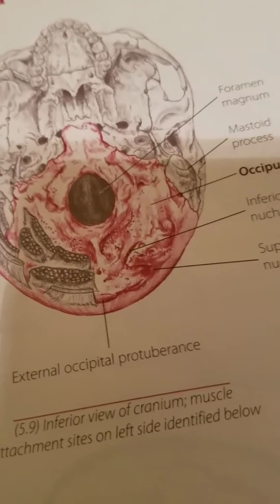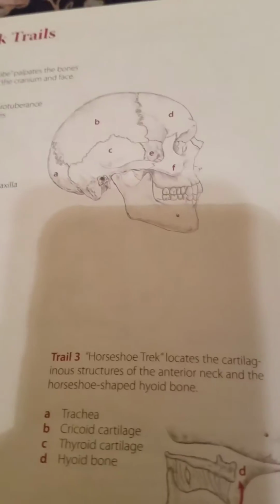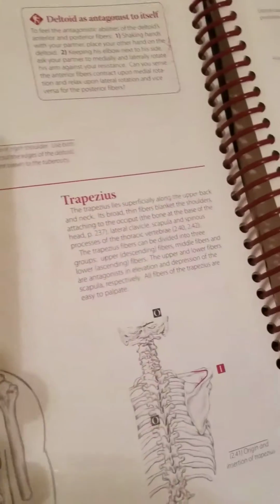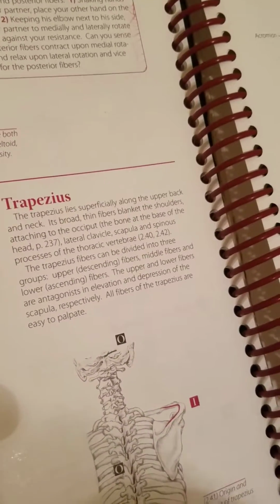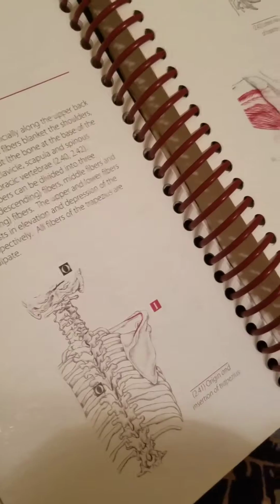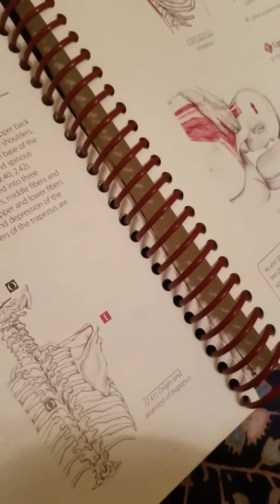As you can see, the base of the occiput. The lateral clavicle, we're right here in the front part. The lateral clavicle, scapula, and the spinous process of the thoracic vertebra.